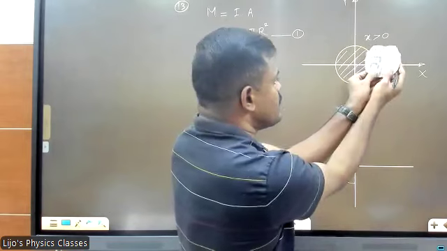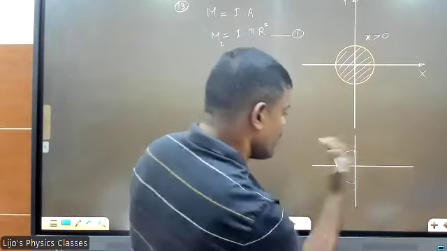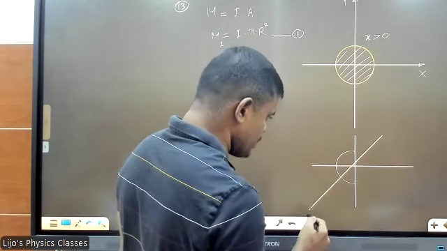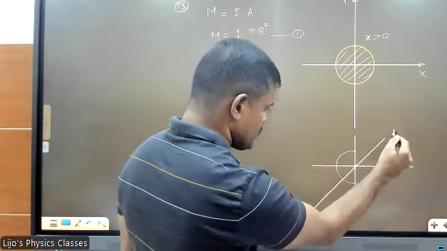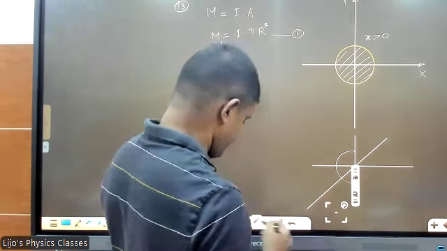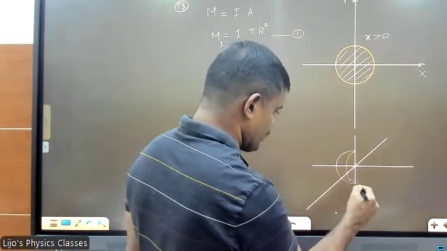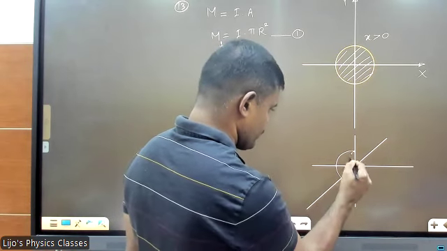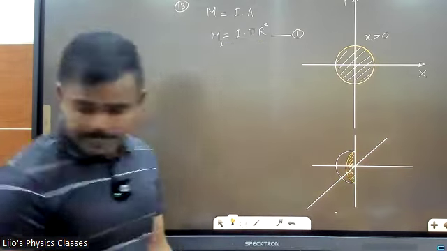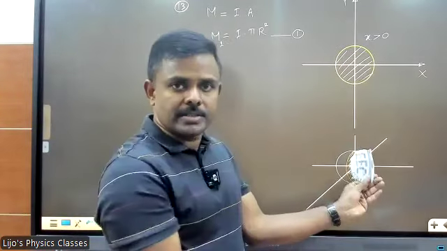The x greater than 0 part is bent over and kept in the YZ plane, okay? Draw the figure. This is my Z axis. I'll use another color, say yellow. So do you have an impression that it is bent like this? It's bent like this.